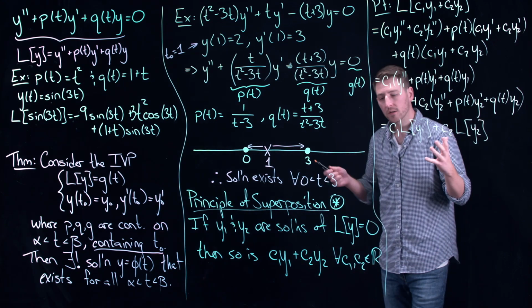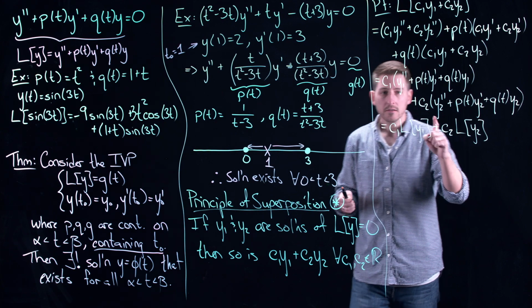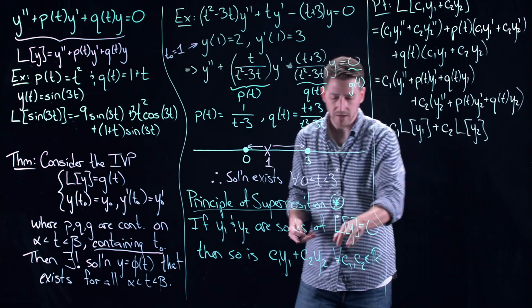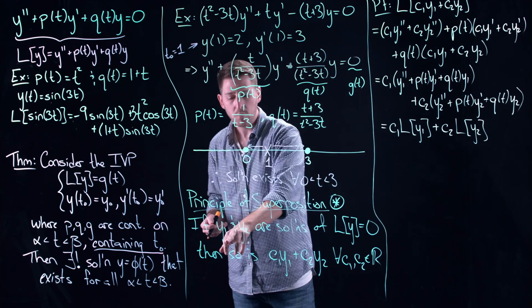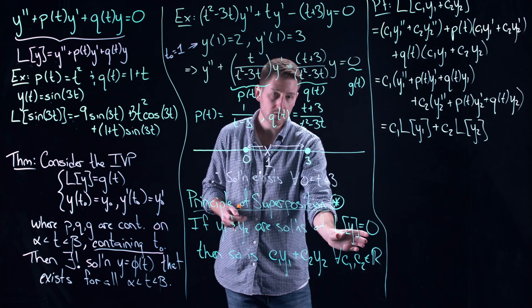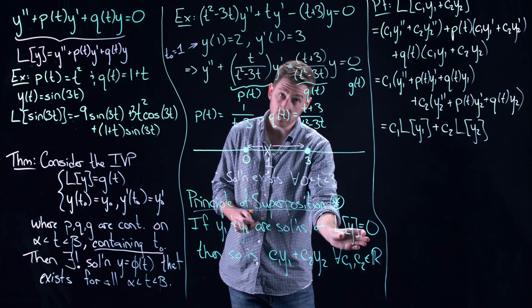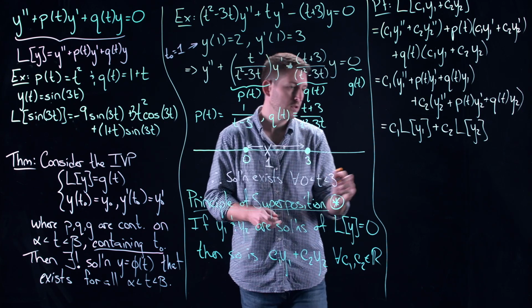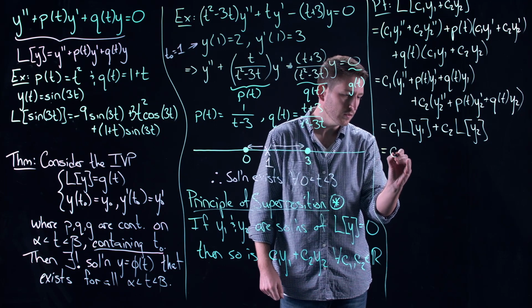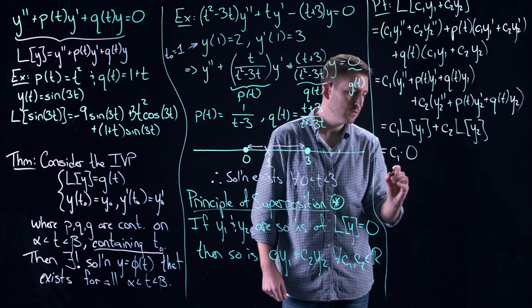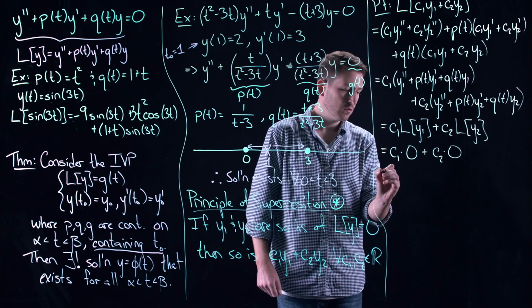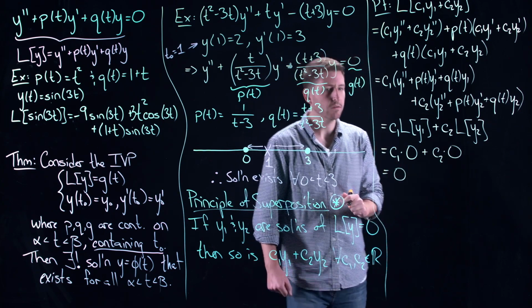But here's the beauty of this. I know the value of L of y1 and L of y2 because I already said that if y1 and y2 are solutions, that means they set this thing equal to 0. So what happens here? C1 times 0 plus C2 times 0, which is equal to 0.